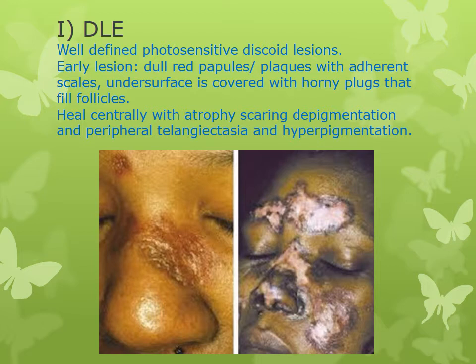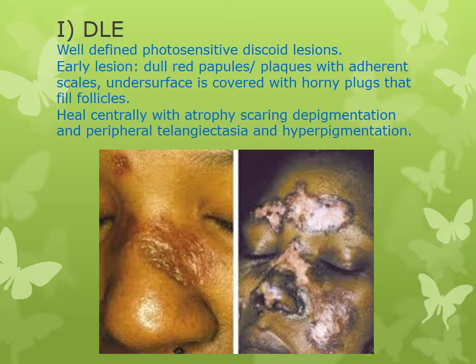In the early lesions, you can see dull red papules or plaques with adherent scales. The undersurface is covered with horny plaque that fills the follicles. Sometimes you are able to see the horny plaques easily. Sometimes you have to remove some scale to be able to see them.